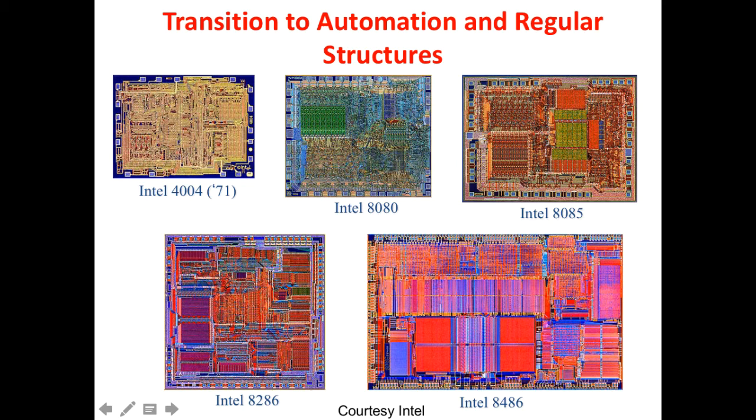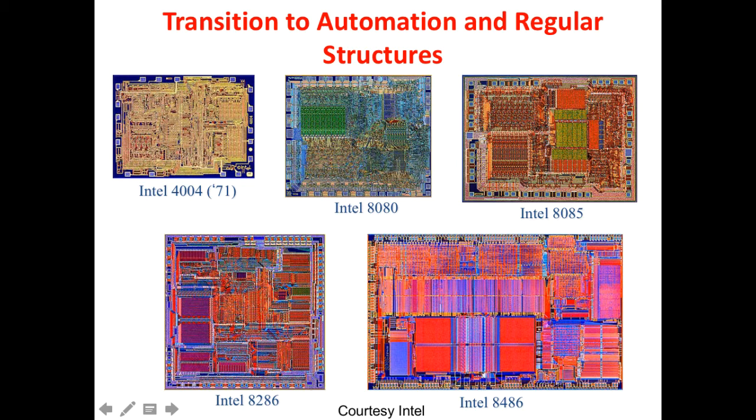In this case, we have a very regular structure already in the 8085, which is from the early 80s. Look at this region: large blocks which are extremely regular, both in terms of the type of components and in terms of the interconnections, and in this case it is much more visible.